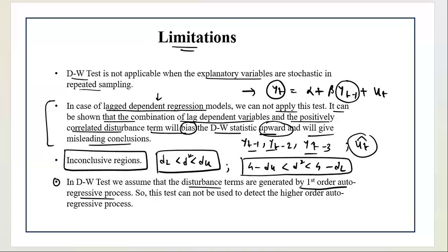So this test is applicable only for the first order autoregressive process. We assume that the disturbance terms are generated by this first order autoregressive process only. So this test cannot be used to detect higher order autoregressive processes. And as I have told you, if higher order autoregressive processes are present, you have to use some alternative approaches, for example the Ljung-Box test and the Breusch-Godfrey test, right?